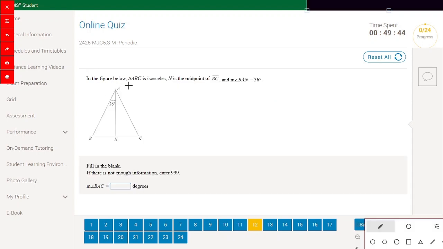In the figure below, triangle ABC is isosceles. N is a midpoint of BC, so NC will be equal to BN. And this is isosceles, so AC will be equal to AB.